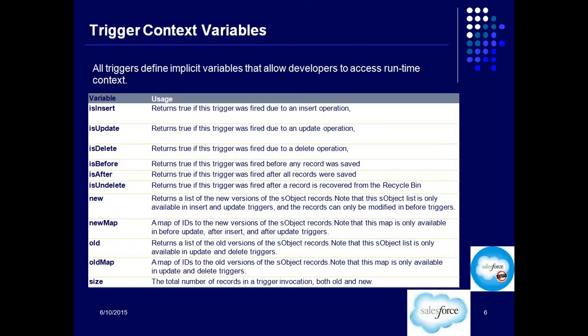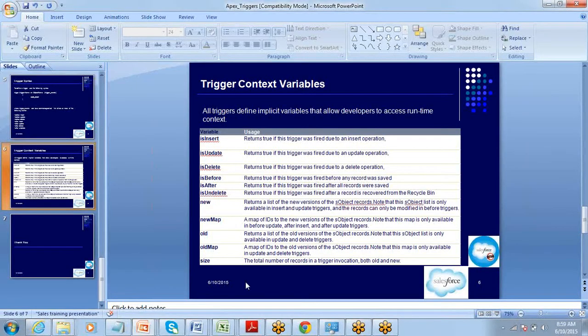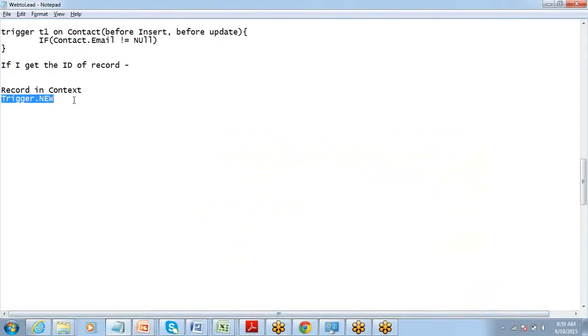So this new is a context variable which returns all the records which are being inserted, the ones which are in context. All right. So basically, what happens here is this trigger.new will return me the contacts which are getting created.